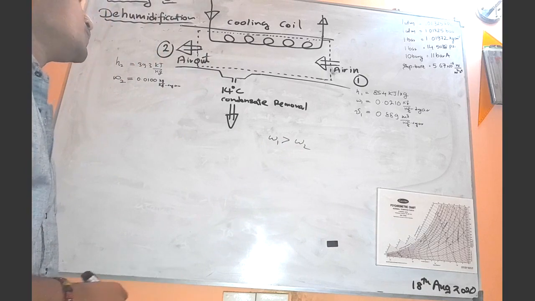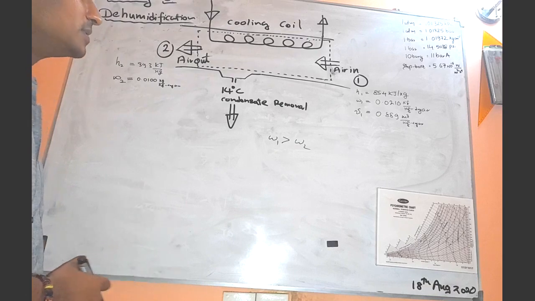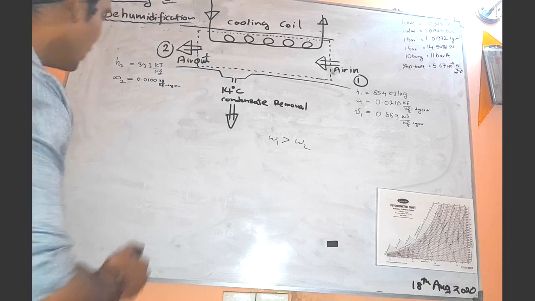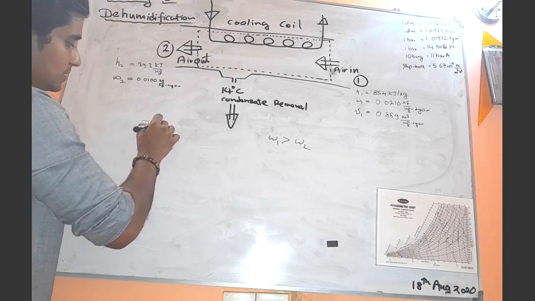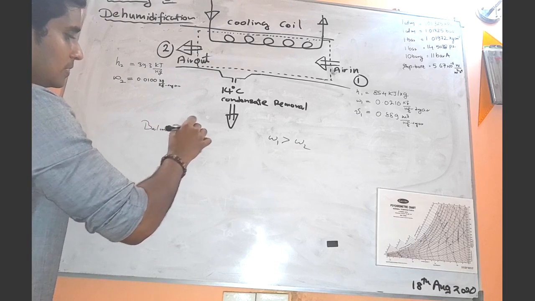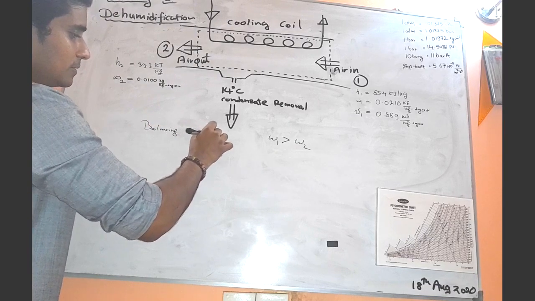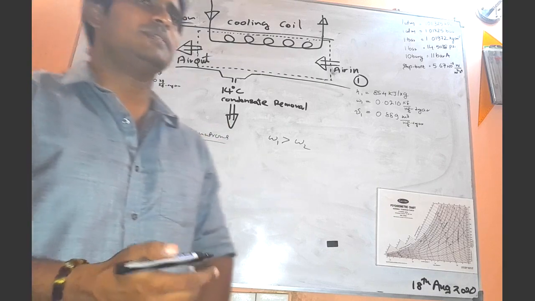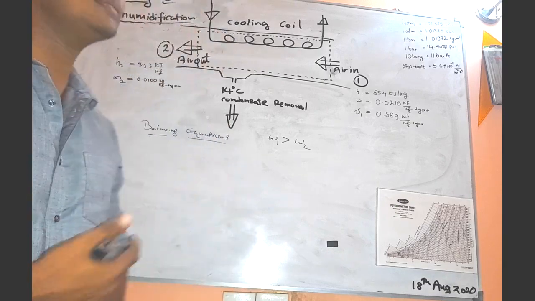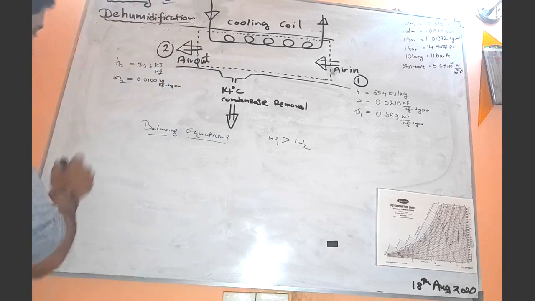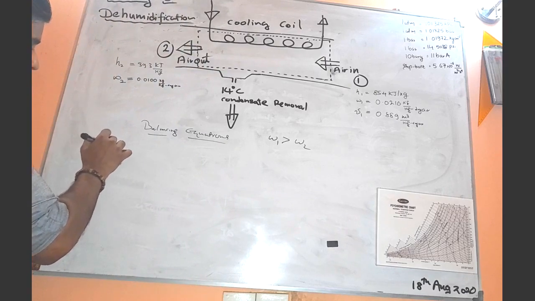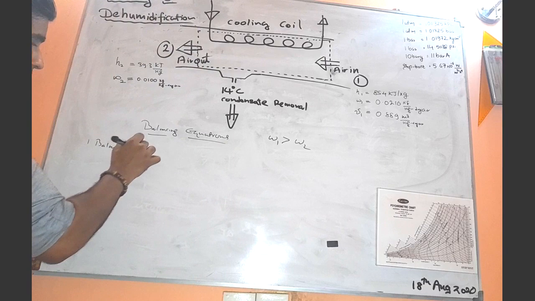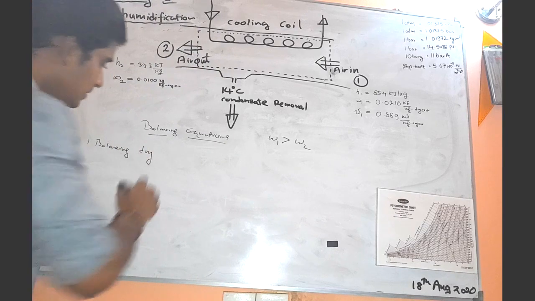Now we need to obtain some balancing equations, right? Basically, we need two types of balancing equations. Number one, balancing dry air mass.